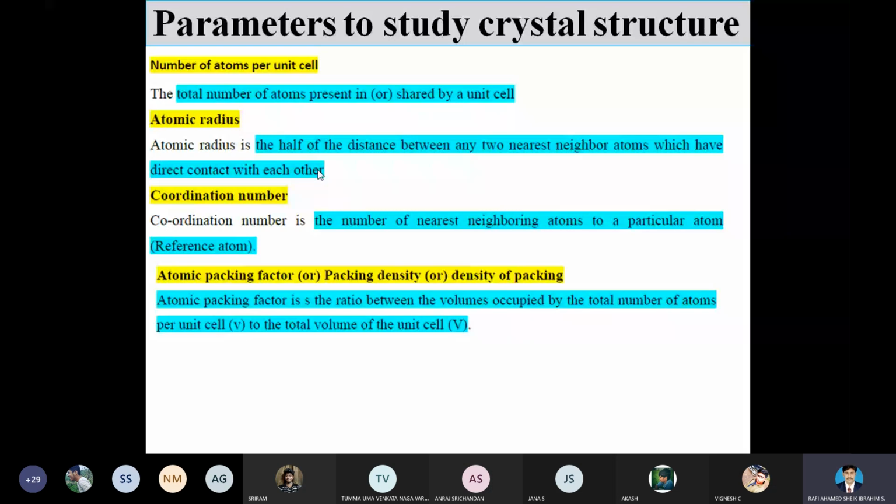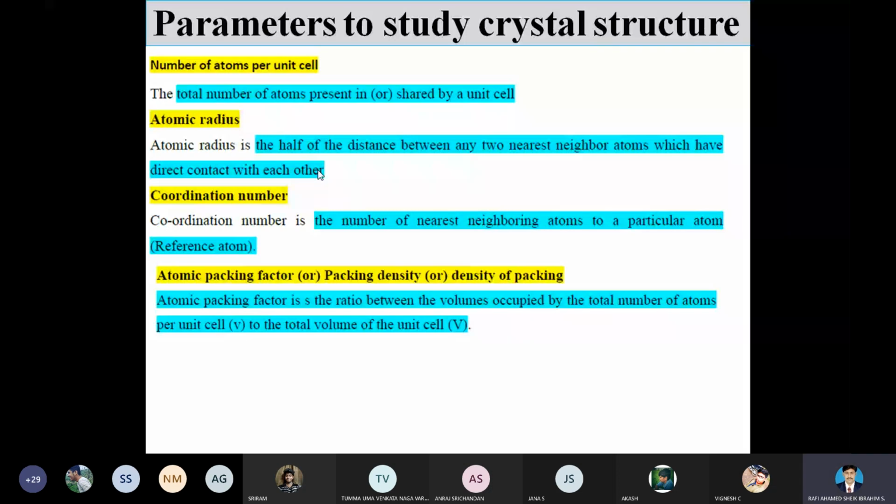Any two atoms means along the lattice side, and that side is defined by the symbol A. So A is equal to 2R. That is what we have defined here: half of the distance between any two atoms which have direct contact with each other.